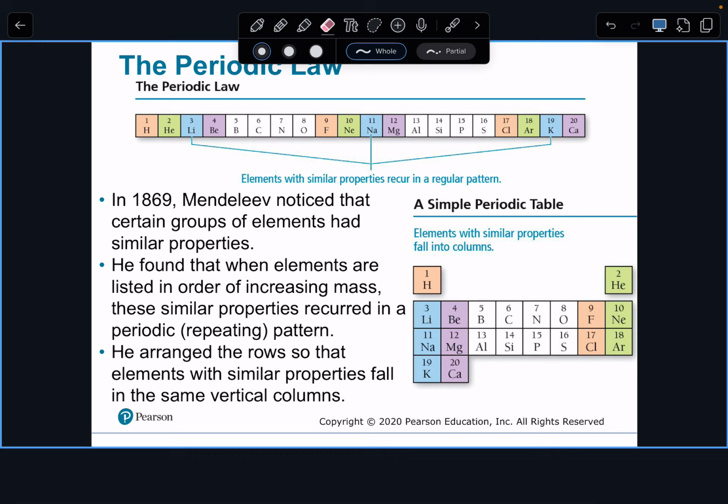He gets to sodium, and based on lots and lots of experimentation and data over many years, he sees that sodium has really similar properties to lithium. So he pairs that one down here, and then identifies the next mass that has a similar property to another one. He starts organizing them in this way.